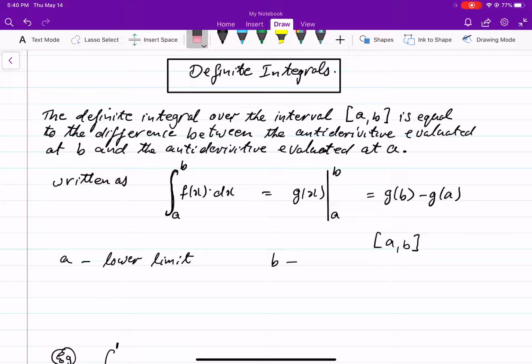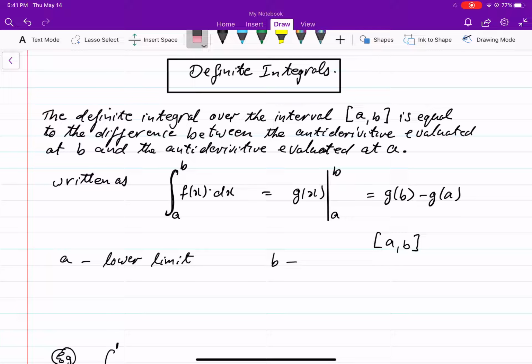Okay. Now, whenever you integrate some function f of x, you get some result g of x, and if it were an indefinite integral, you would have a plus c. For a definite integral, there is no plus c, and what you do is evaluate the function between b and a.